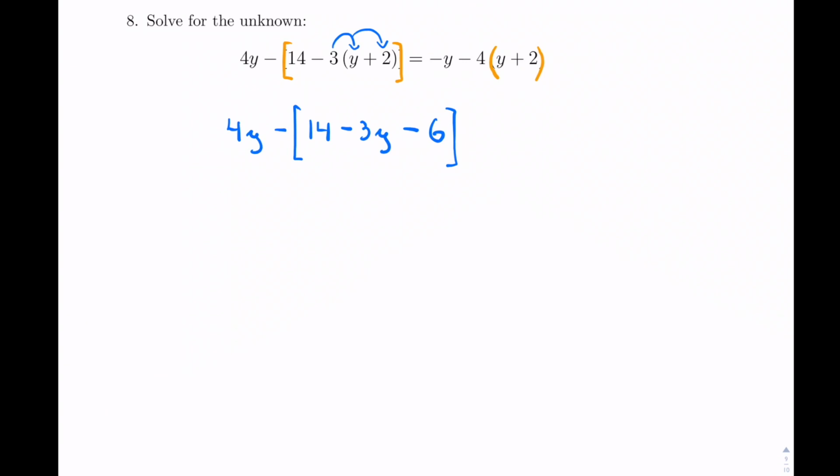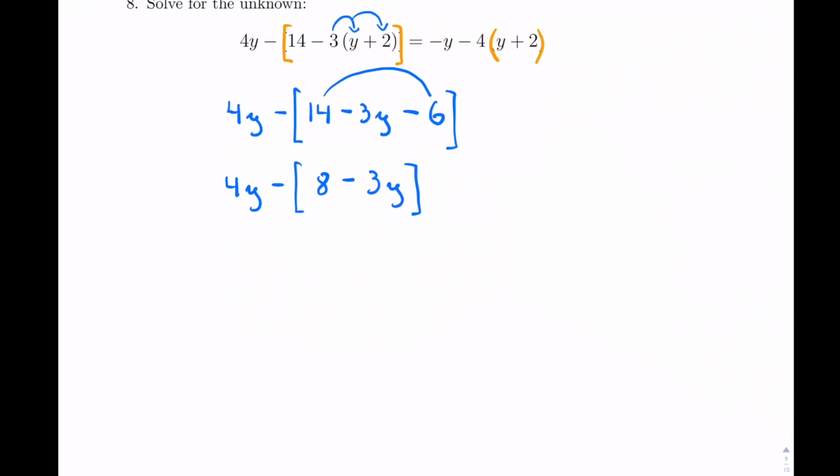Now, the 14 minus 6 I can simplify as well. So this will give me 8 minus 3y. So that simplifies that whole square bracket.